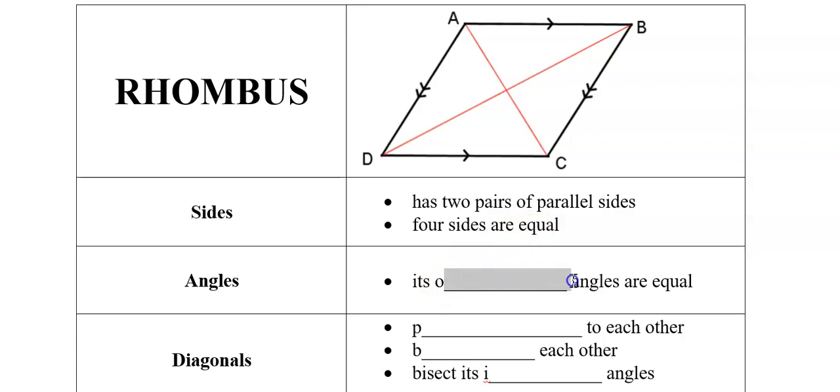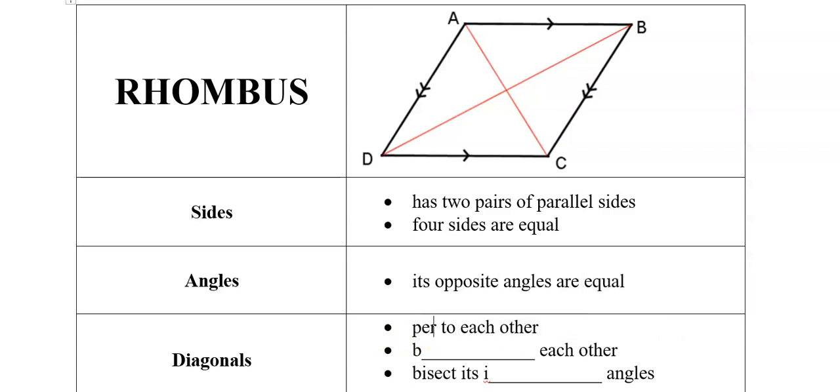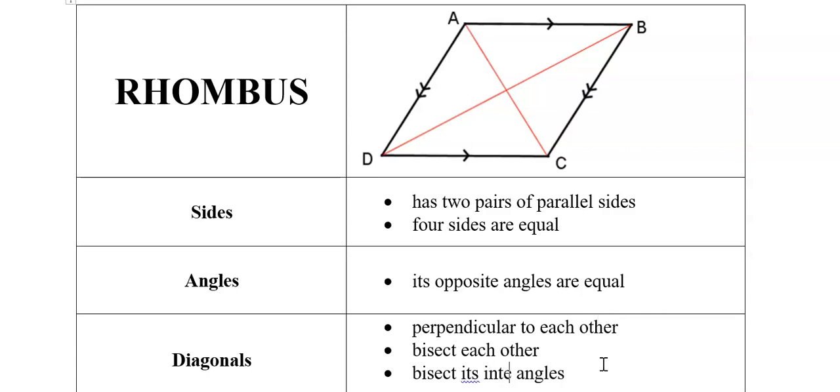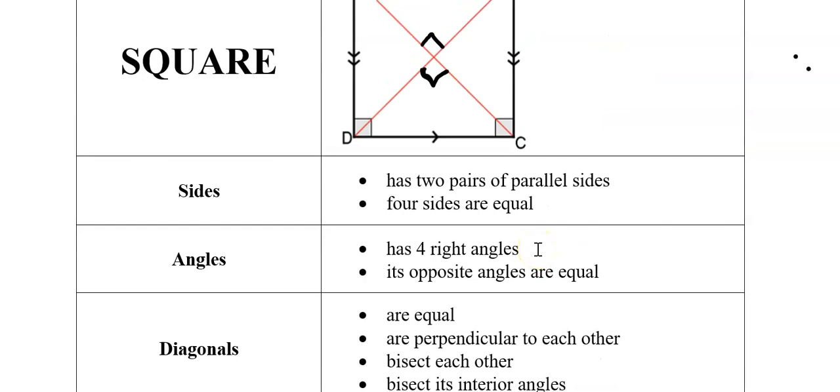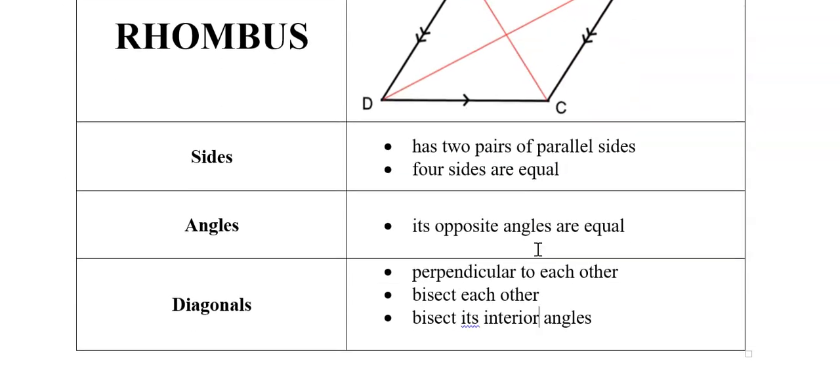Its opposite angles are equal. The diagonals are perpendicular to each other. The diagonals bisect each other, and they also bisect its interior angles. If you compare the top for square and the bottom for the rhombus, they share quite a bit of similar traits.